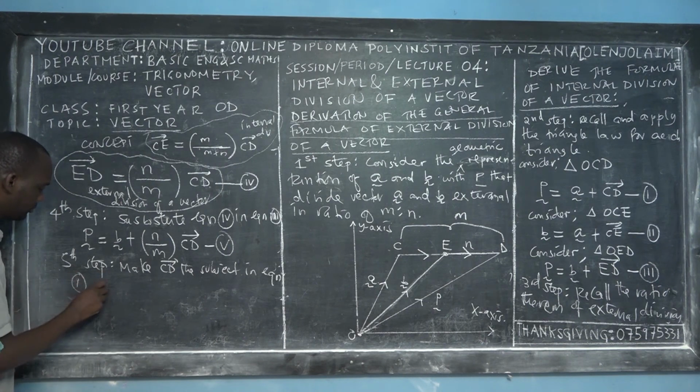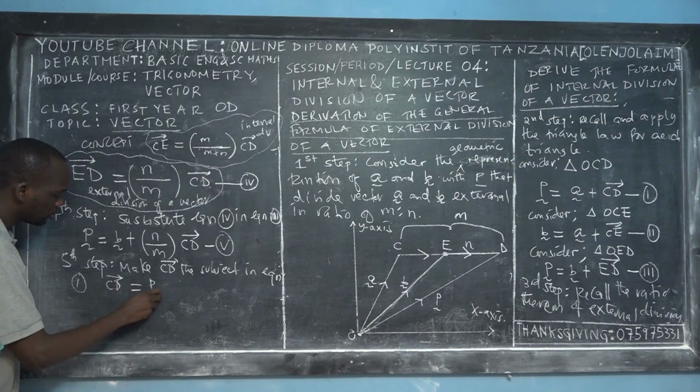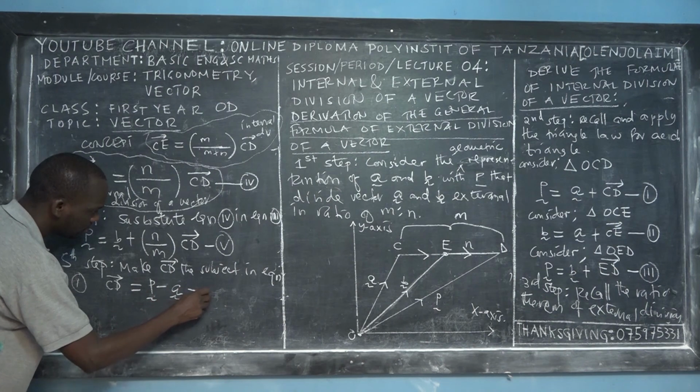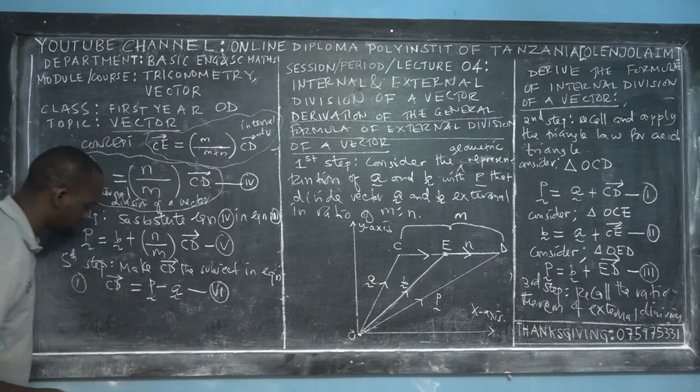In equation 1, it means that displacement vector CD is equal to resultant vector P minus positional vector A. So this will make the sixth equation.